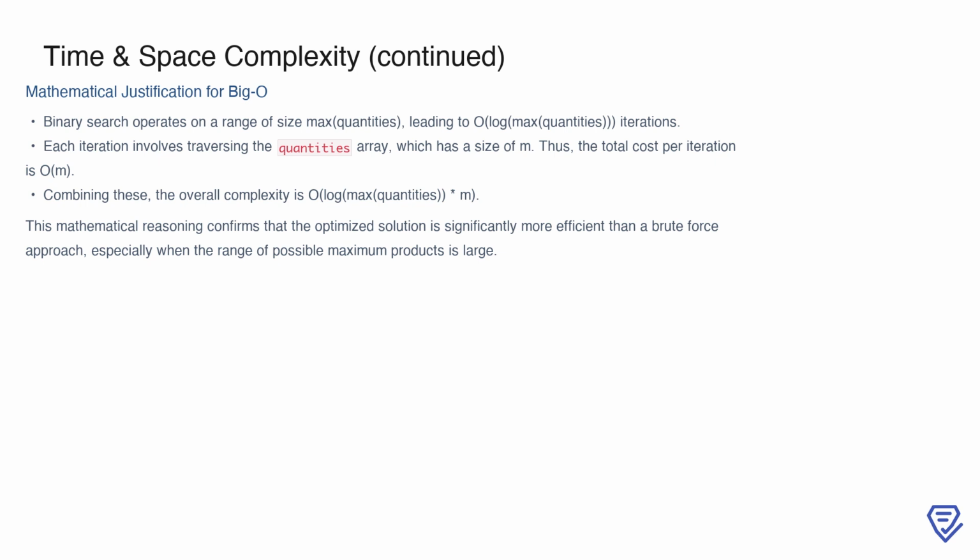When we combine these, the total complexity becomes O(log max quantities * M), as the two operations are multiplicative. This calculation confirms that the optimized solution is highly efficient compared to a brute force approach, particularly when the range of possible maximum products is large. The logarithmic reduction in search space is what drives this significant improvement in performance.